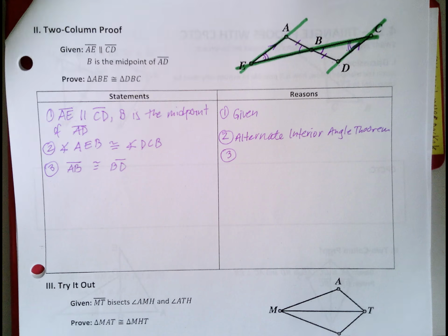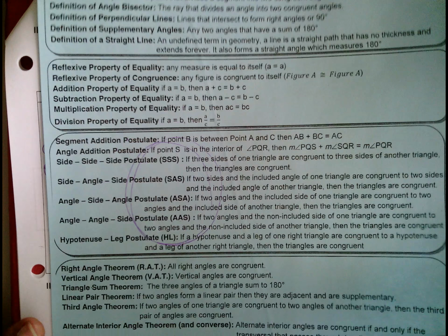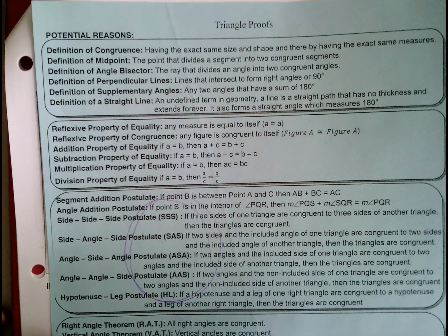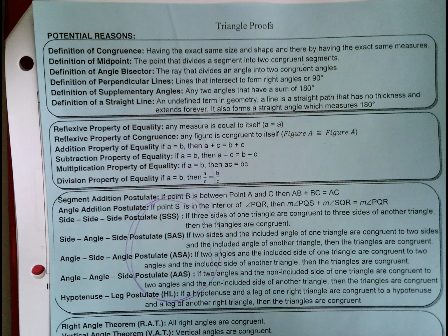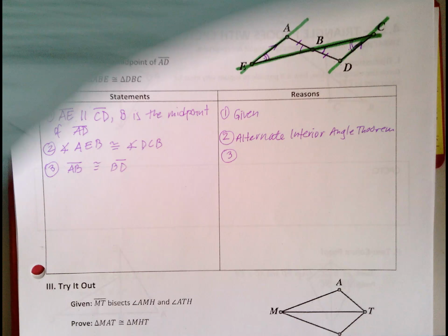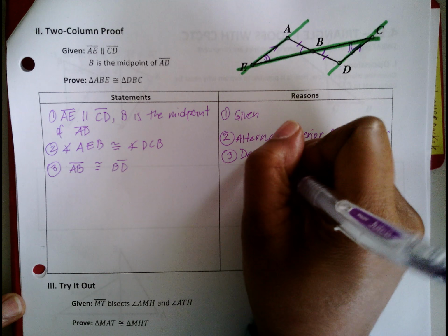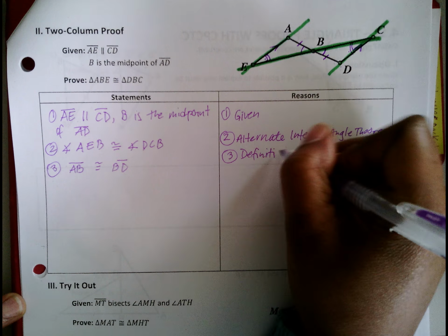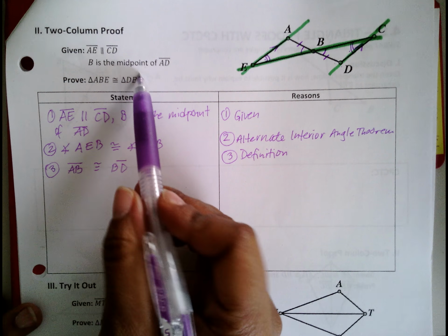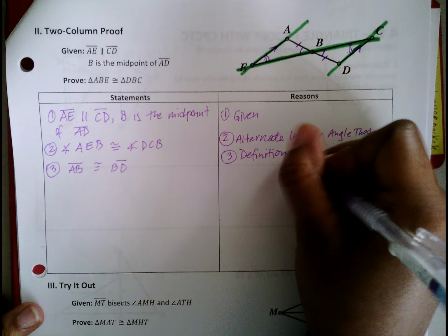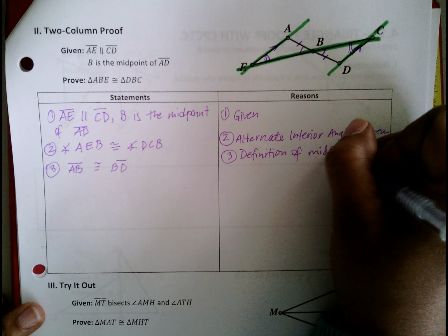I'm going to check here and try to figure out which one of these applies. Oh, look, definition of midpoint: the point that divides a segment into two congruent segments. So the definition of midpoint is the reason why. Don't put definition of bisect. Use the language that they give you in the given. So it's definition of midpoint.